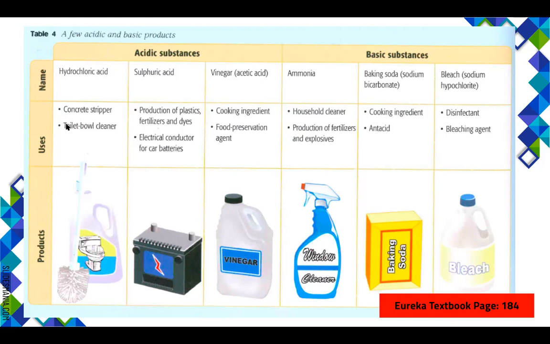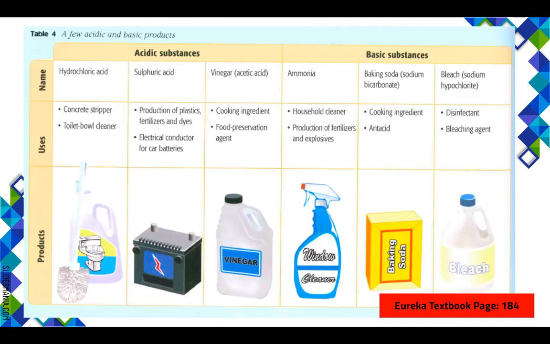Now that was acidic substances that you may have encountered. Basic substances, for example, ammonia: household cleaners, and production of fertilizers and explosives. That's what you use ammonia for. If you've used a brand of window cleaner, let's say, for example, Windex, you'll look at the ingredients and there will be ammonia in there. Baking soda, or sodium bicarbonate, its scientific name.